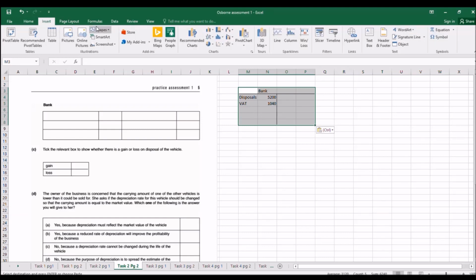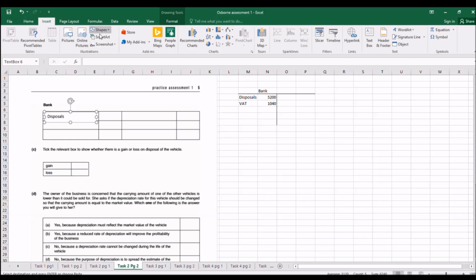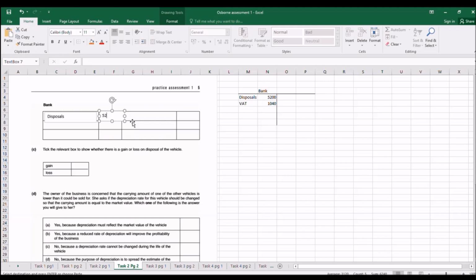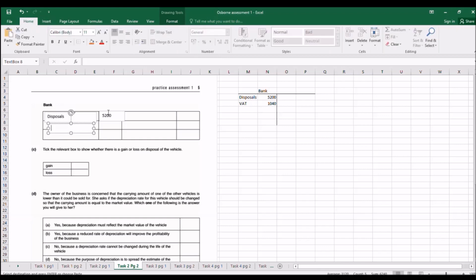So we've got our disposals. Oh, and we're going to put the other one in there as well, for our VAT. If I can get my fingers working. Into our VAT.